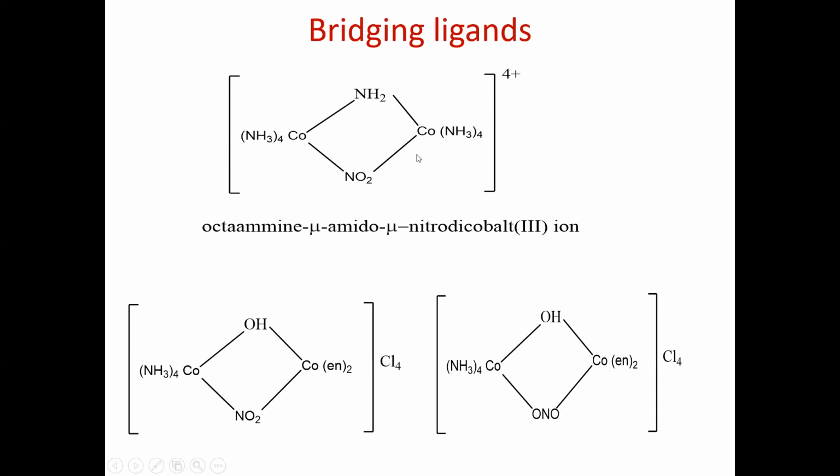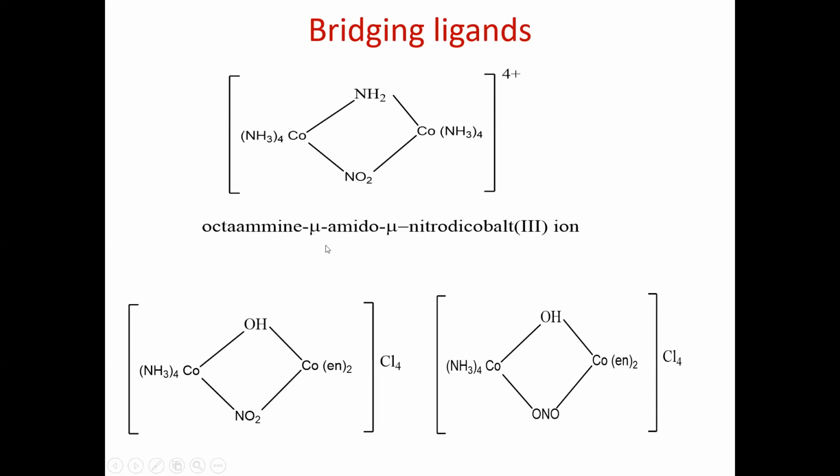So how do we name it? Of course, we have to start with the ammine. This is 4 and this is 4, that is 8, isn't it? Yes, ma'am. Octaammine, that is 8 ammine.